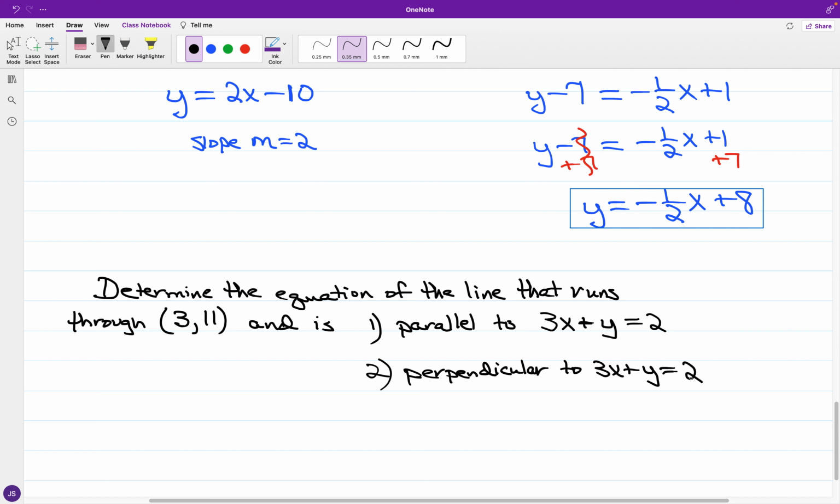So for both parallel and perpendicular lines, they're going to run through (3, 11). Let's see what we get for the parallel and the perpendicular lines' slope-intercept equations.